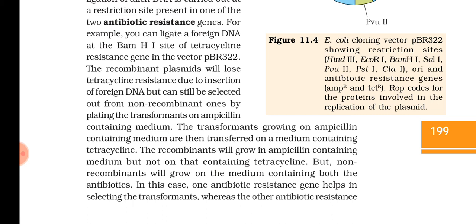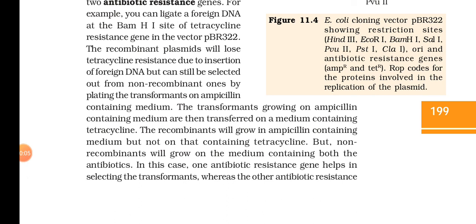Why? Because the gene got integrated in the tetracycline resistance region, so they cannot grow on tetracycline medium, but they can grow in the ampicillin medium. Non-recombinants can grow on the medium containing both antibiotics, because no genes are integrated.